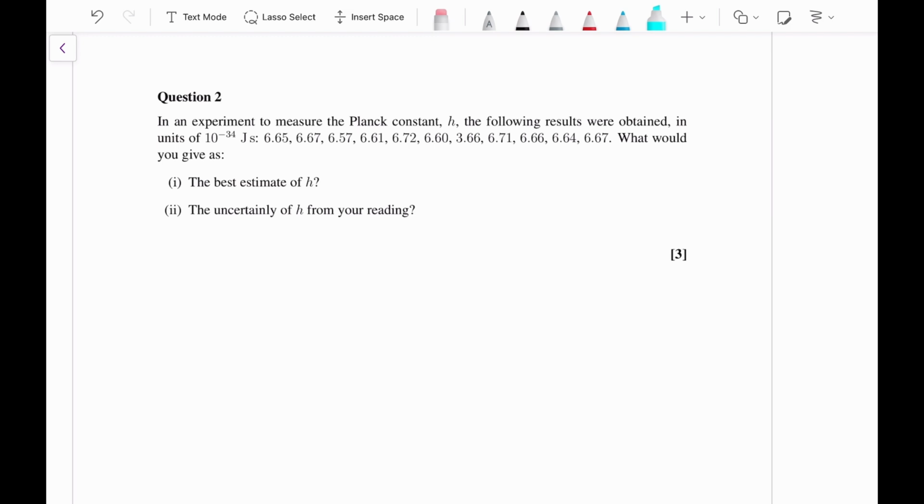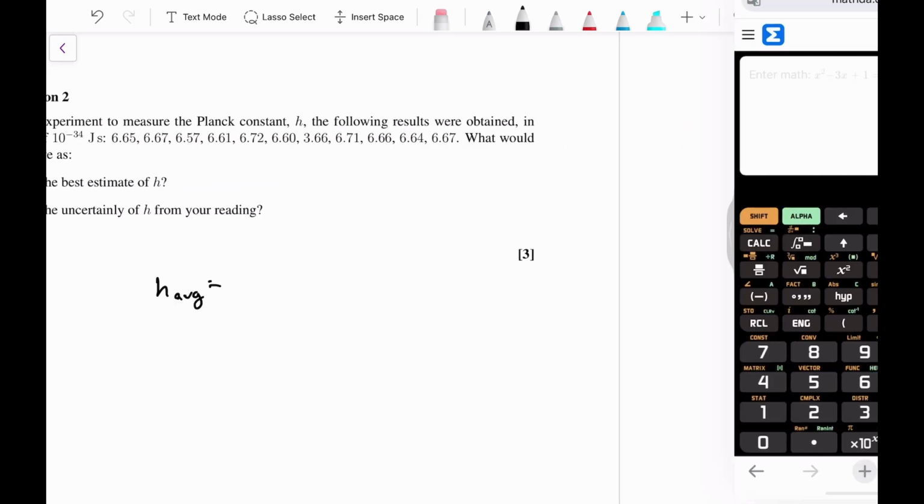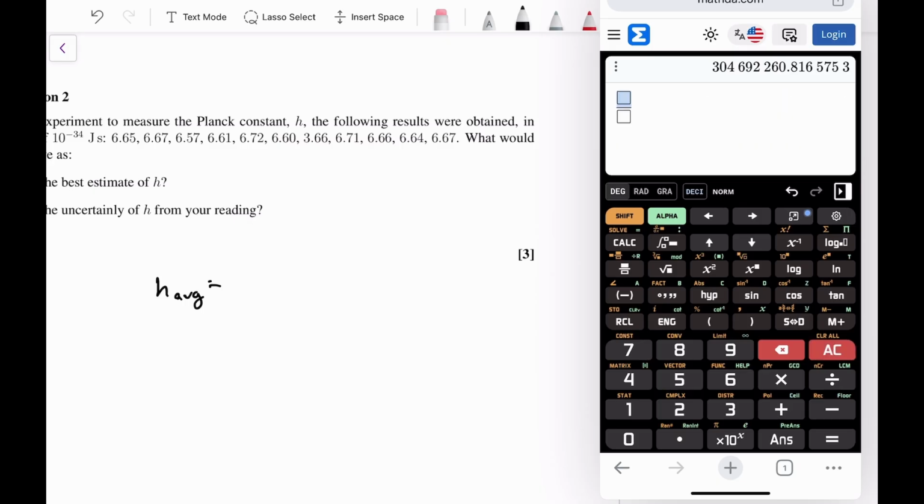So I suppose the best estimate will be the average of all these values. So h avg will be equal to, I'm going to put these values into the calculator, 6.65 plus 6.67 plus 5.7 plus 6.1 plus 7.2 plus 6.0 plus 3.6.